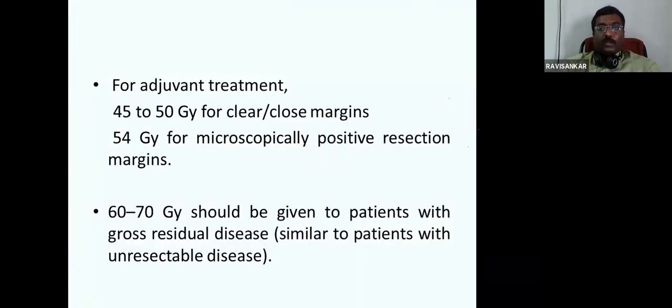So coming to the adjuvant treatment, 45 to 50 gray for clear or close margins. 60 to 70 gray should be given to patients with R0, R1 or R2 disease.